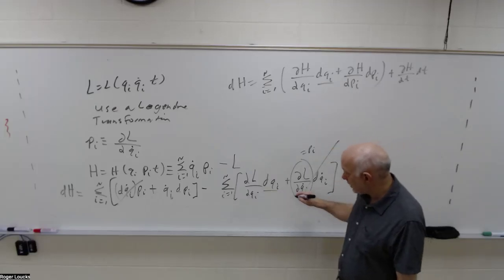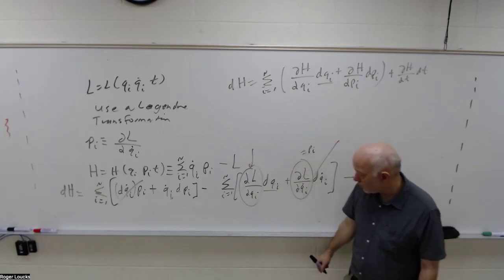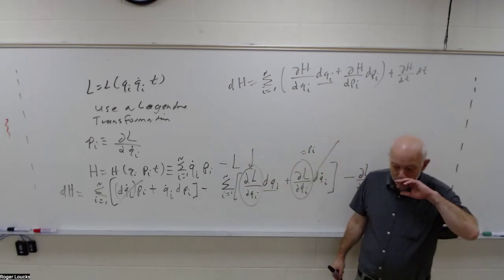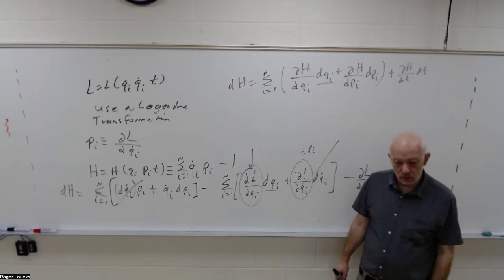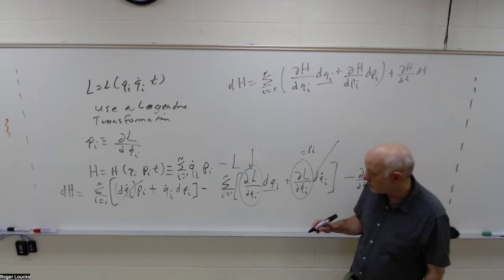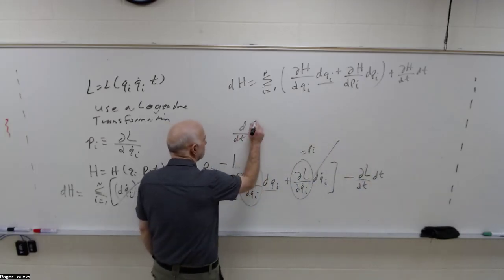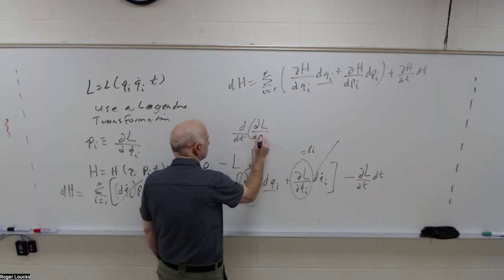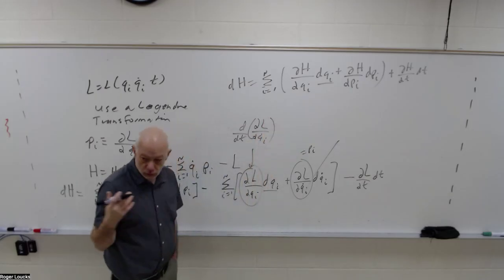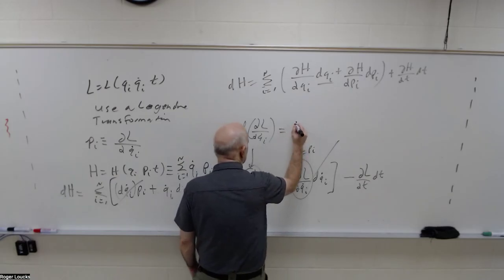And what do we do with our other term here? We had another way of writing that. We know that this is equal to d by dt of partial L with respect to q_i dot, by Lagrange's equations. This is nothing but our p_i dot.